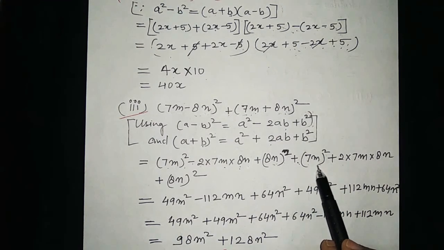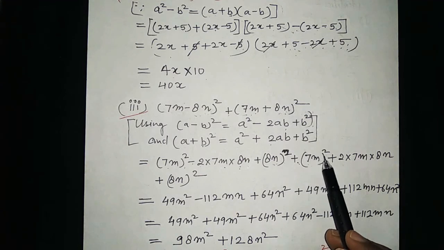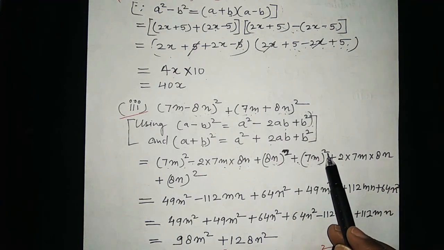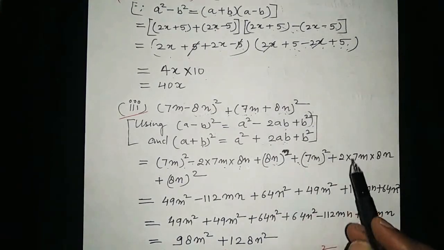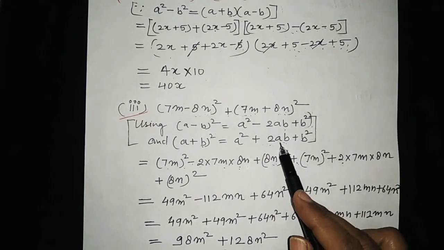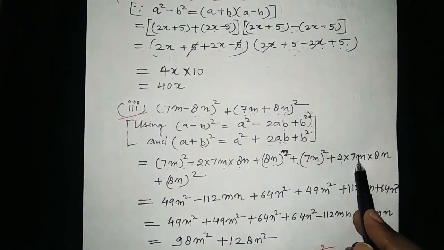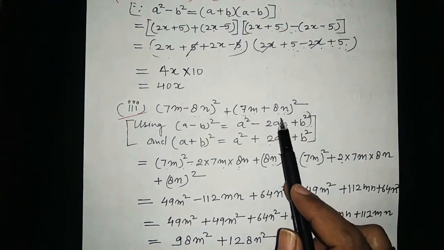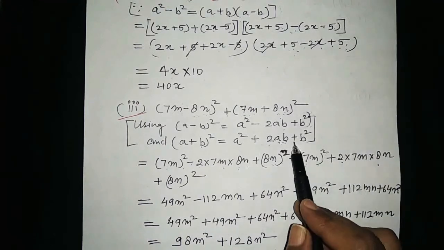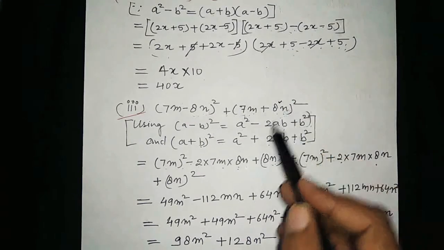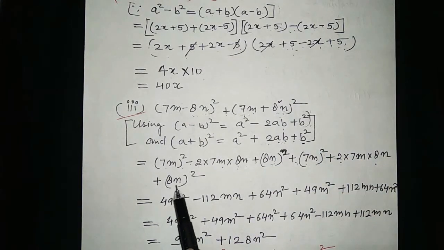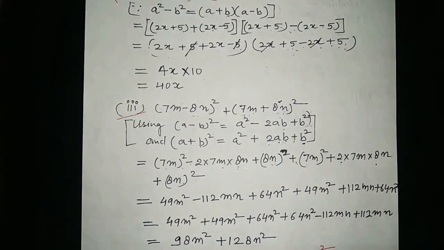If such type of situation comes, you will write the term in a bracket. So (7m) whole square, clear, plus 2ab. For this plus 2ab, 2 you have written. What is a? A is 7m. What is b? b is 8n. Then plus sign you will put, and what is b? b is 8n. So here you will write (8n) whole square.